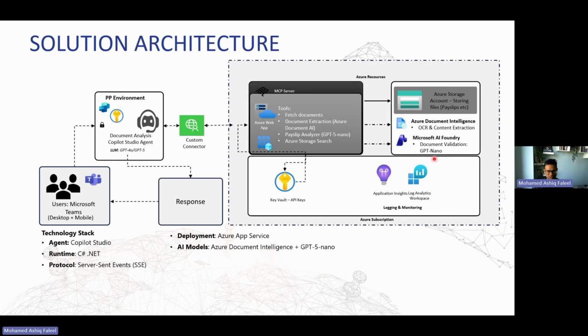When it comes to dealing with documents, there can be authentic documents, and there can also be fraudulent or fake documents. So we have used the GPT Nano model here, which can identify if the document is real or fake.